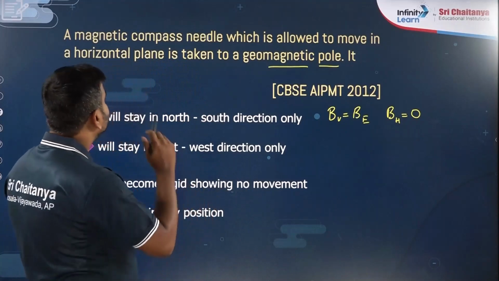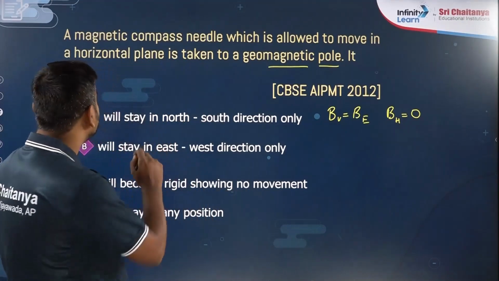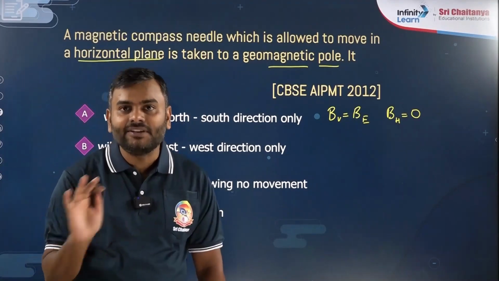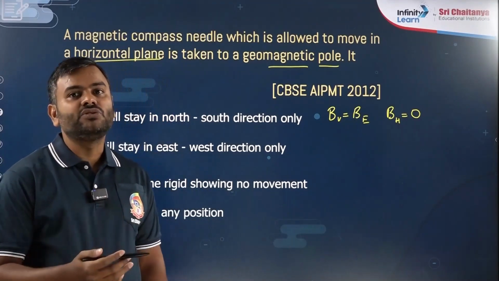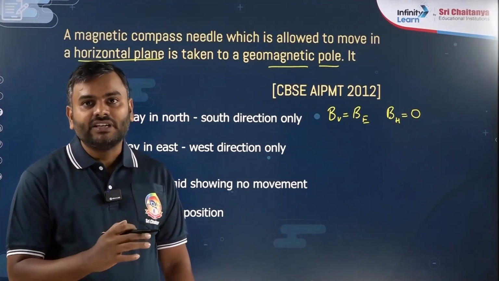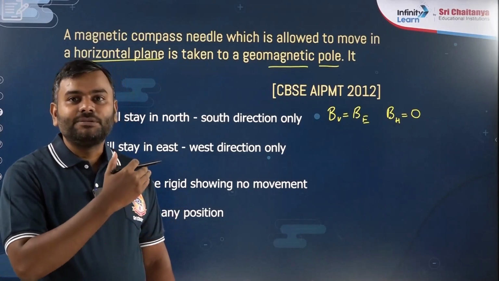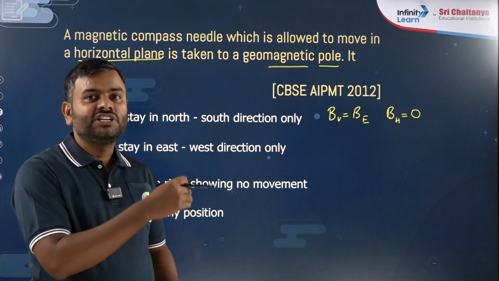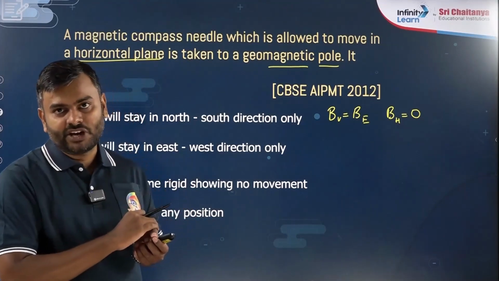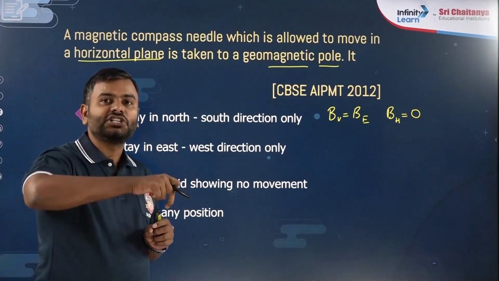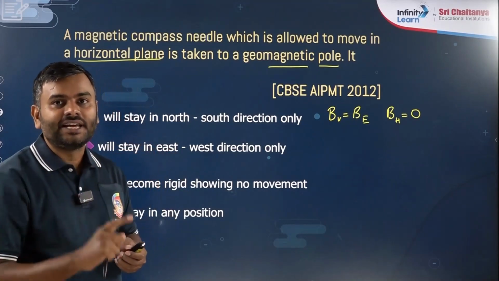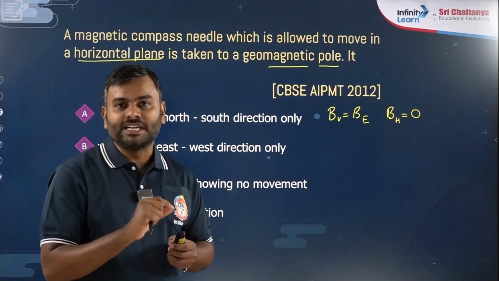So if the compass needle is allowed to move in a horizontal plane, it does not have any magnetic field in the horizontal direction, so it will not experience any kind of torque. It will remain in whichever position it had before reaching the pole. Whatever position you keep it in at the pole, it will maintain throughout, because it is not experiencing a torque.